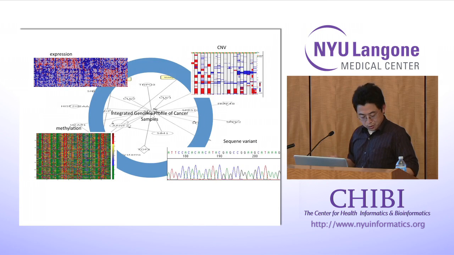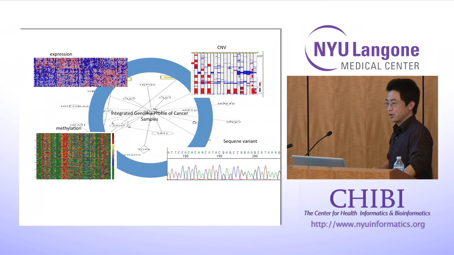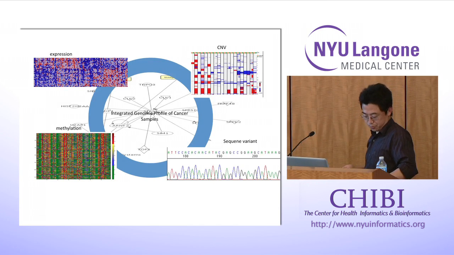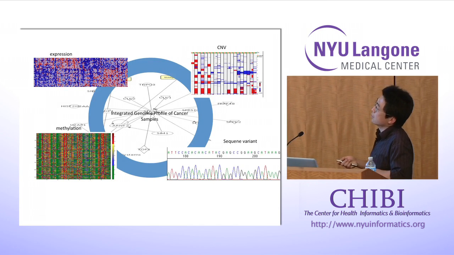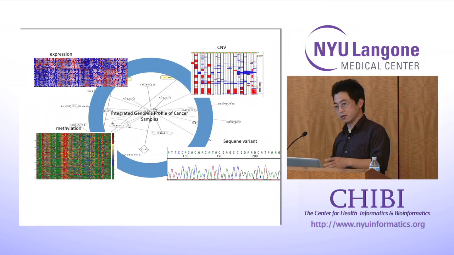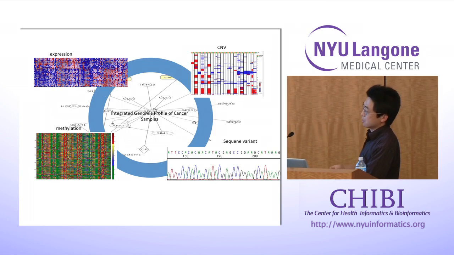So now, I described very briefly, I hope you all understand, the process for each different analysis. So we have gene expression data, copy number variations, methylation status change, and also sequence variants. For some patients, we have measures from all these platforms.